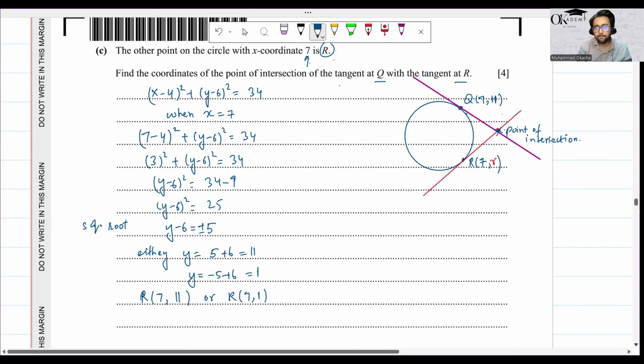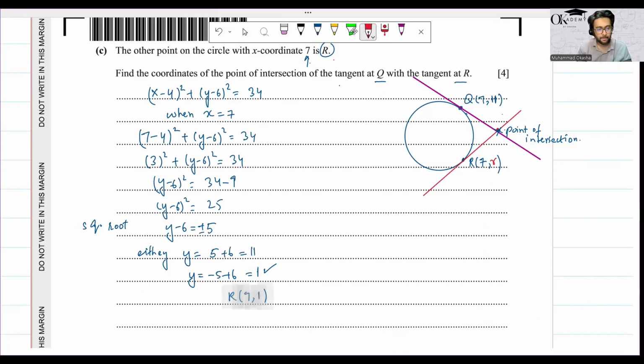Now if you notice, 7 comma 11 is already point Q, so it cannot be R. So the only option left is point 7 comma 1. Because when x is 7, y is either 11 or 1. So we found the value of r. The point R is 7 comma 1.